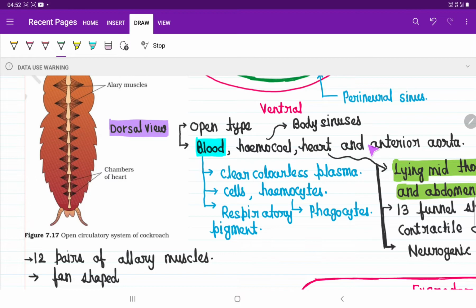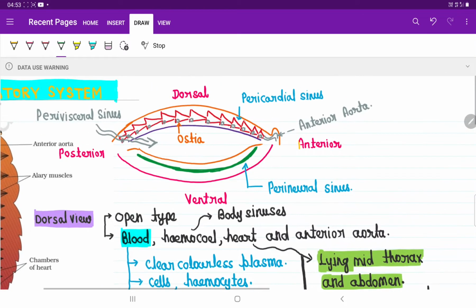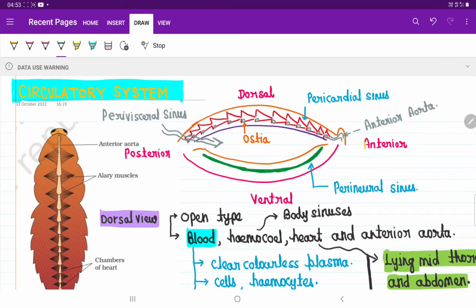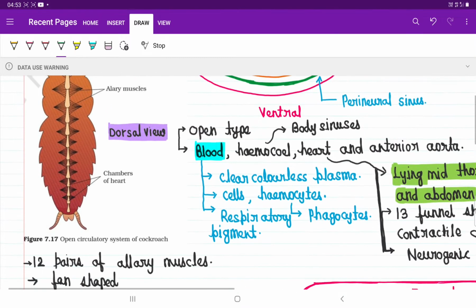And then they have a heart, and partially developed blood vessels, right? Remember, in their circulatory system, blood capillaries are not present. Blood capillaries mean everything is completely developed, right? So what about hemolymph?